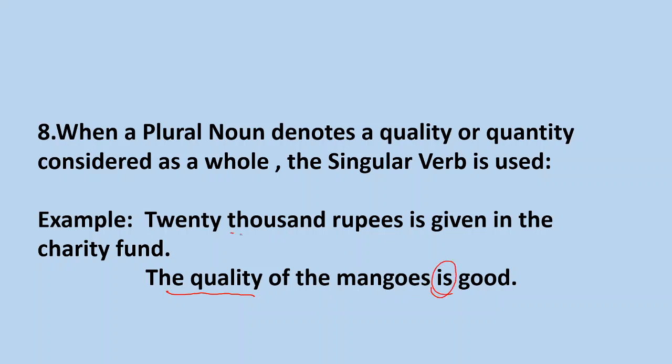Now quantity: 20,000 rupees is, you don't say "are" given. The quantity and quality is mentioned as a whole, so the singular verb is used. Isn't it very simple when you know the rules? But keep revising for writing correct English.